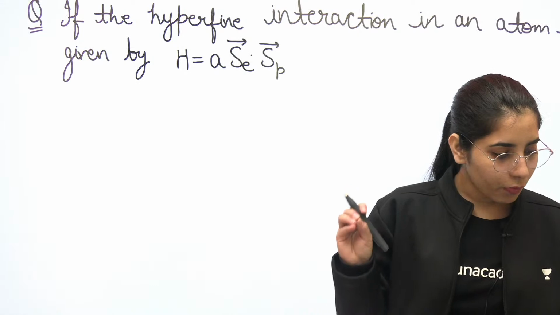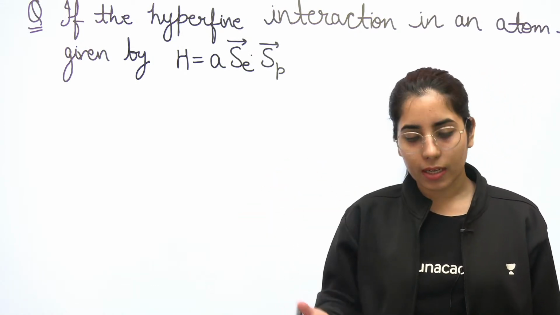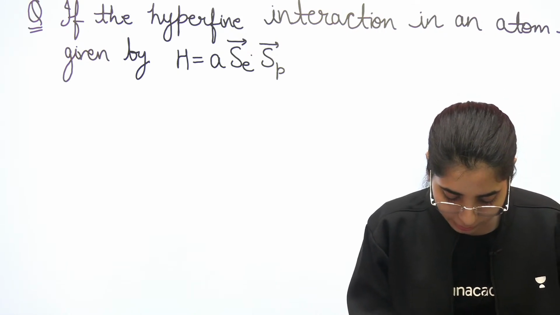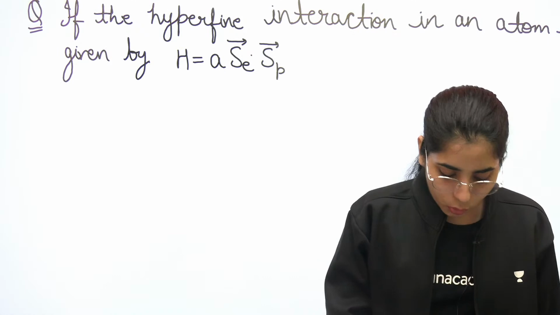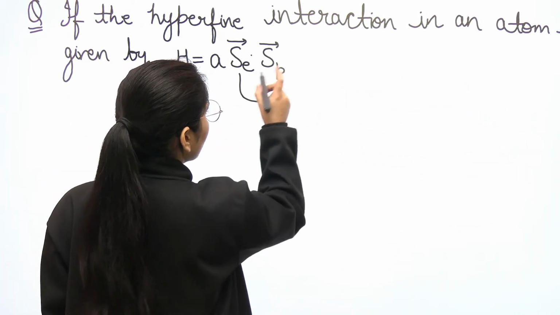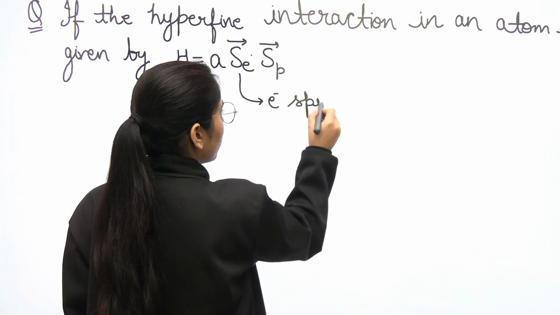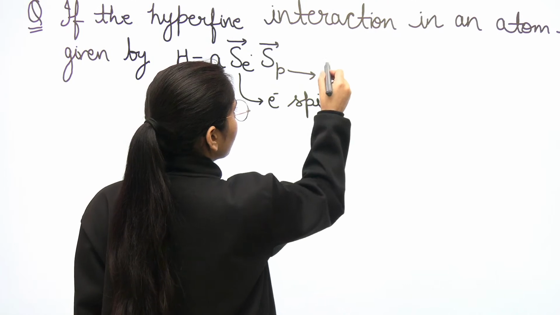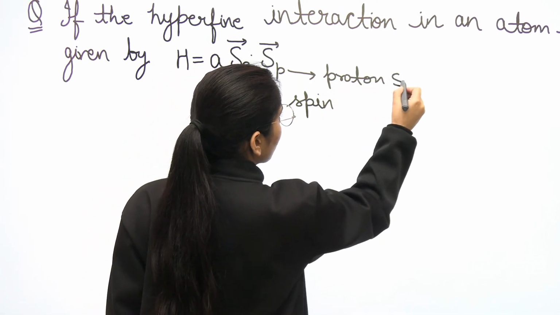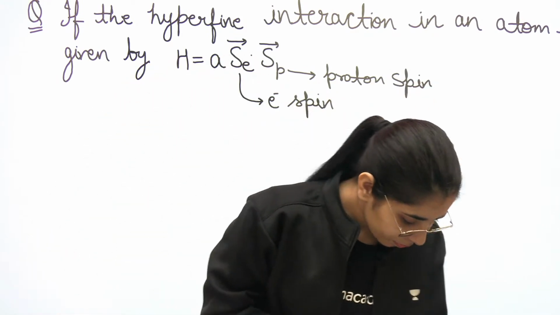And also guys, after giving you the question, I will give you some time to solve it, and then we will start the discussion about it too. Where S_e and S_p denote the electron and proton spins respectively. Clear?